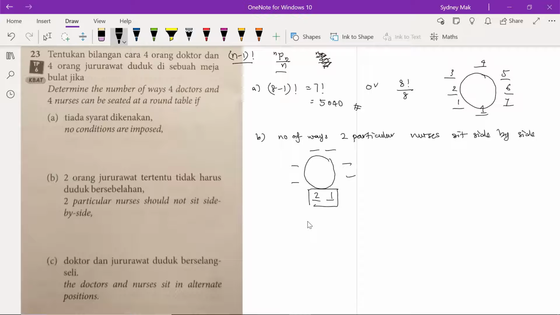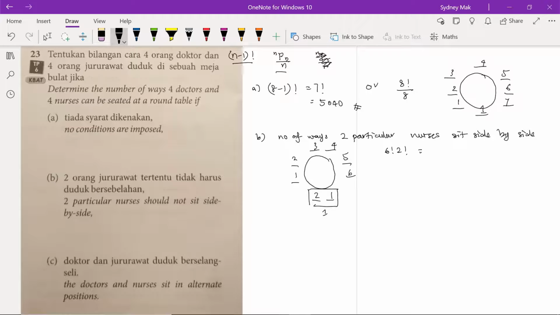And once these 2 have taken their seats, the first will go in. There is only one way to sit. So we are left with the remaining 6 doctors and nurses. They will take the space. 6 choices, 5, 4, 3, 2, 1. So externally and internally, the number of ways for the 2 particular nurses to sit side by side will be 6 factorial times 2 factorial.